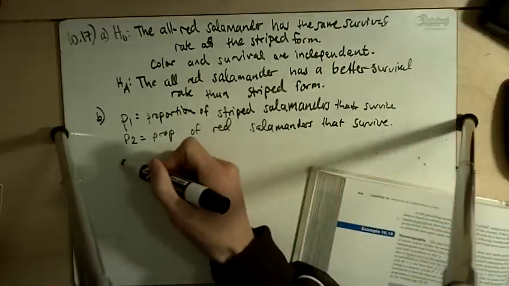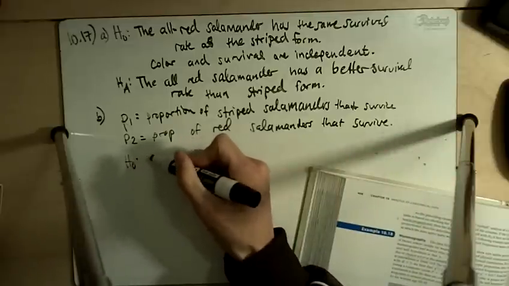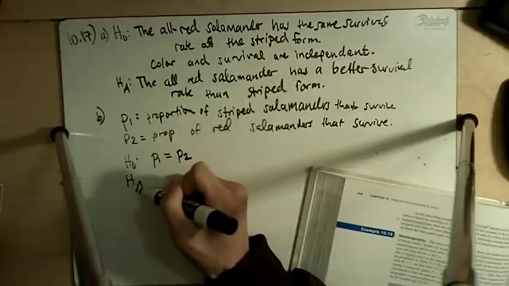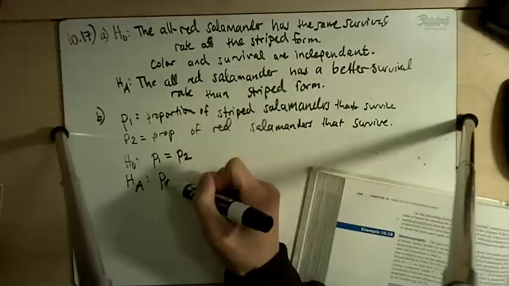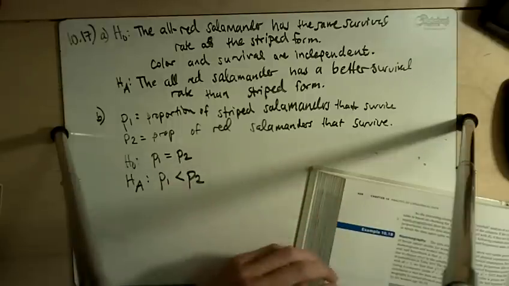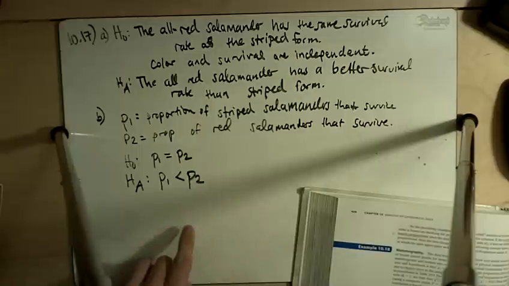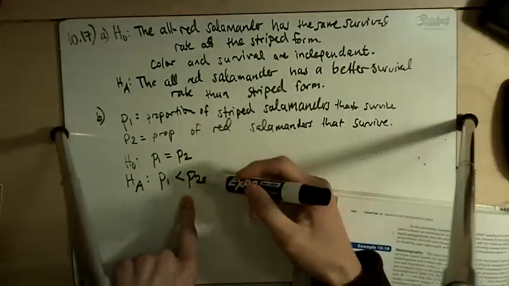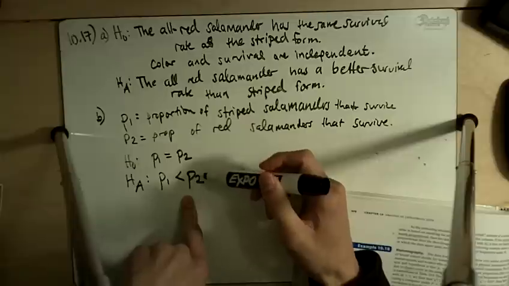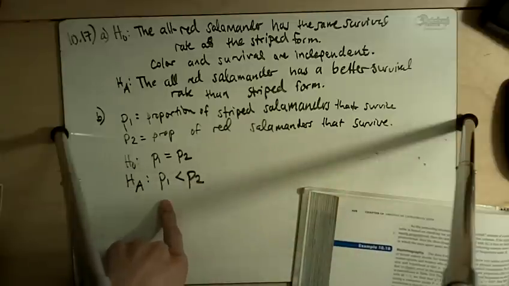The null hypothesis in this case will be P1 is equal to P2, and the alternative is that P1 is less than P2. So in this alternative we're stating that the proportion of red salamanders that survive is higher than that of the striped salamanders that survive.